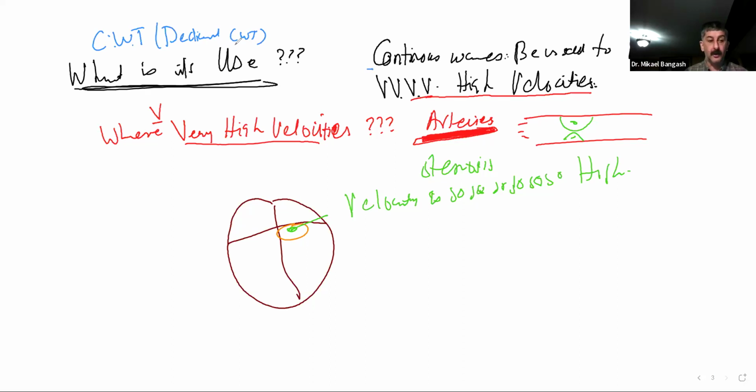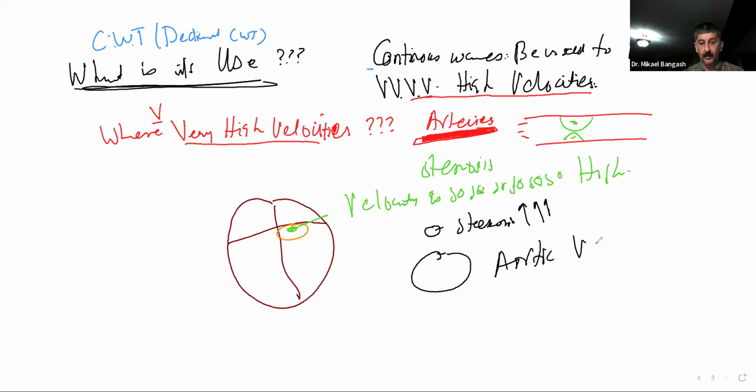So an area in the body where, sorry, Teresa, the stenosis itself is going to cause an increase in the artery. High velocity, even if it wasn't stenosed, is going to be at the aortic valve.